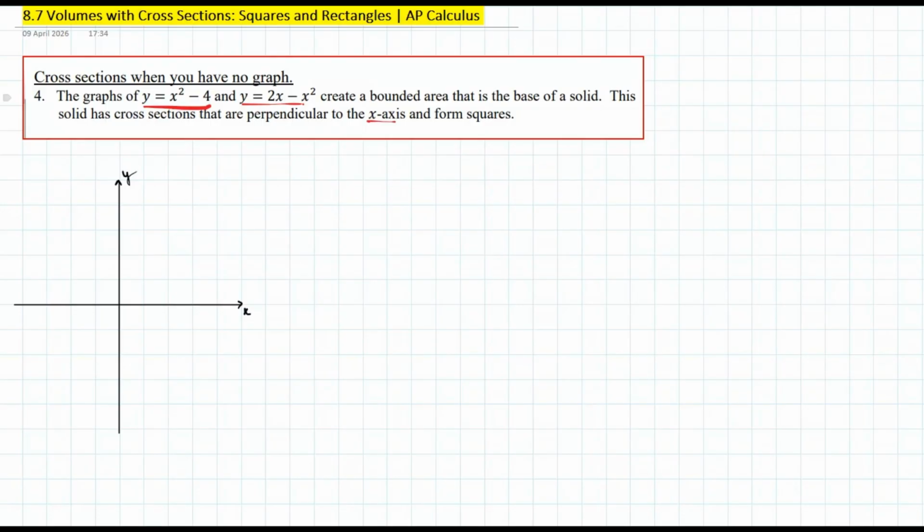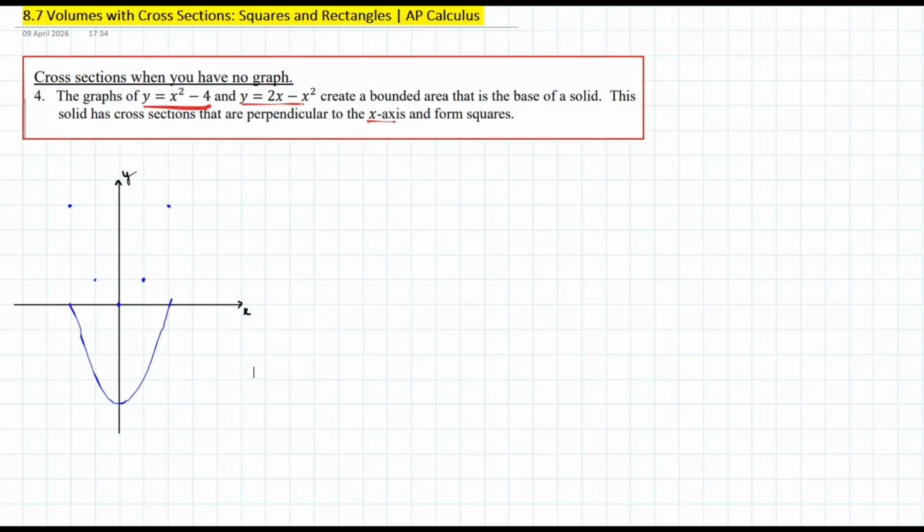x squared minus 4 is a parabola shifted down 4 units, right? A parabola with vertex at the origin, shifted down 4 units. So this is the graph of the parabola, but we have to shift it 4 units down: 2, 3 and 4.